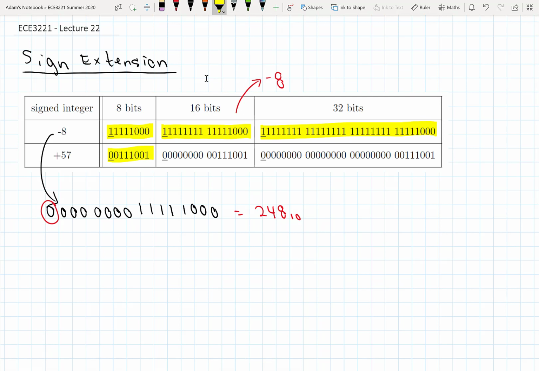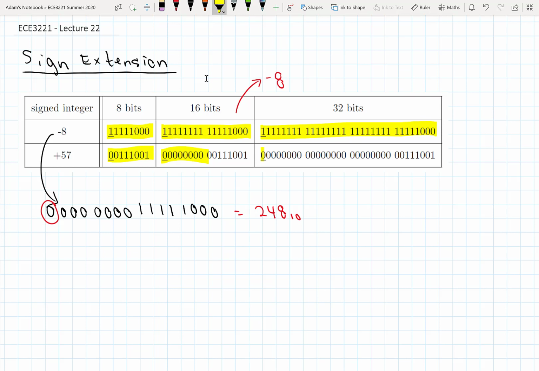positive and negative values. For positive values, it's maybe less critical, because if we assume all the values that get added onto the most significant positions of an extended value are zeros, adding zeros is actually not changing the weight of our value anyway.